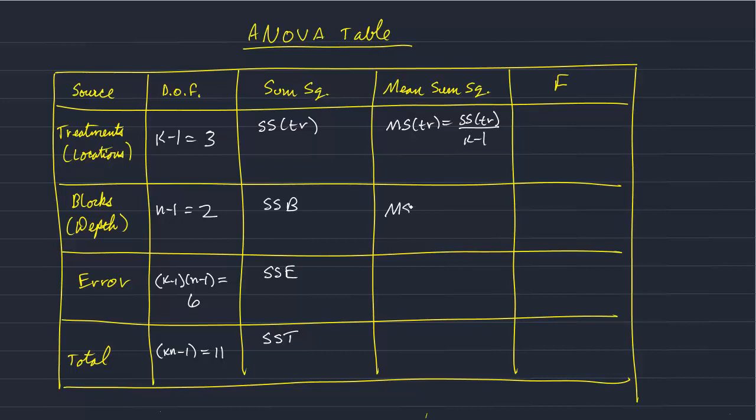The mean sum of squares for the blocks is SSB over n minus 1. And then the mean sum of square associated with everything else is SSE over k minus 1 times n minus 1.